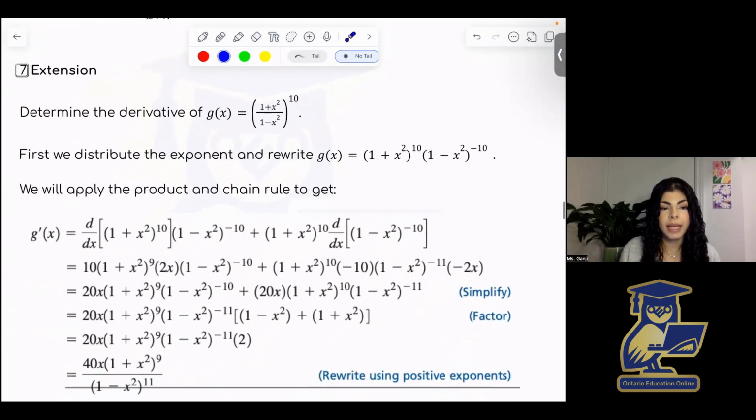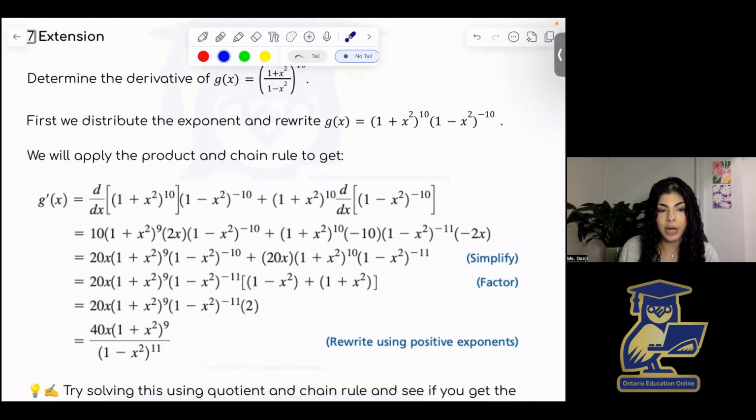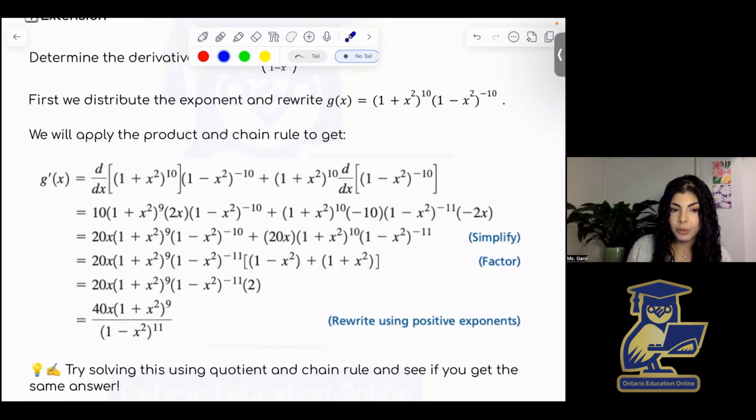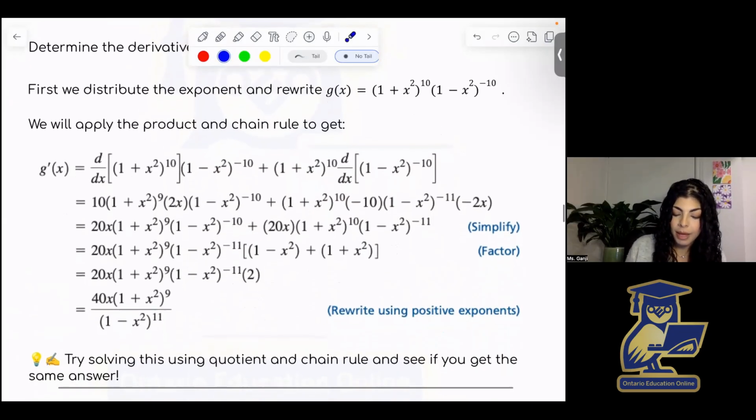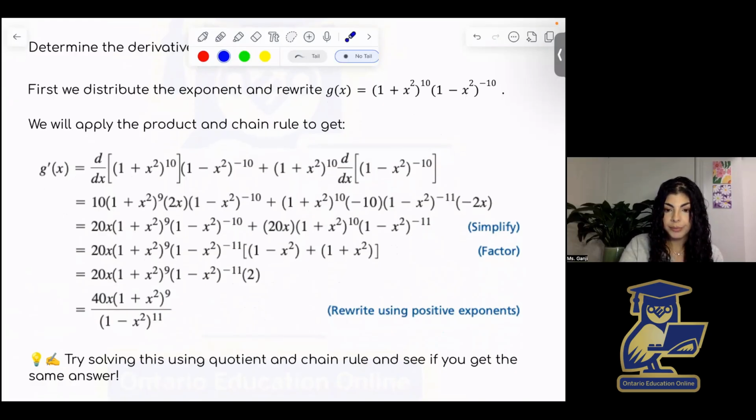And here we're applying a mix of product and chain rule, and I won't go over every step of this, so please make sure you're going through to read and see how I get each step. I keep applying the product and chain rule to get our final answer here.